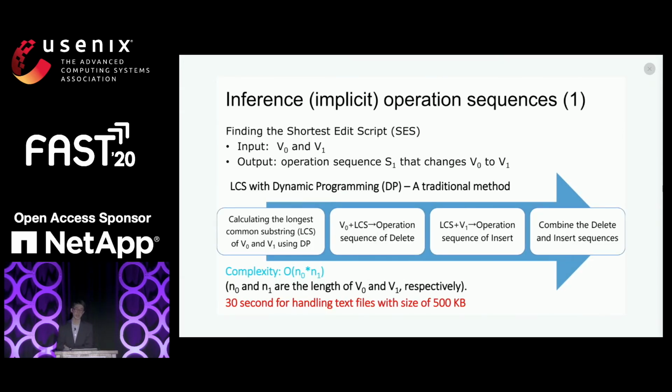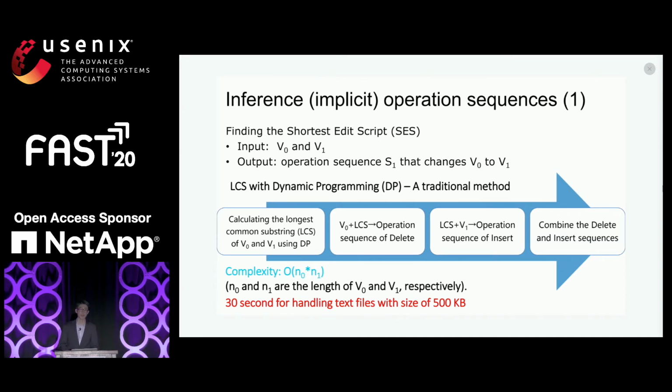So our first step: the input is the base version and the uploaded new version, and the output should be the operation sequence. Normally, we need to calculate the longest common subsequence using dynamic programming.